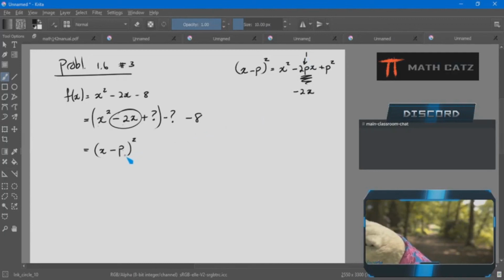So let's have this as sort of temporary and continue over here. It's going to have to be (x minus 1) squared, so that when I simplify it, I get that negative 2x.